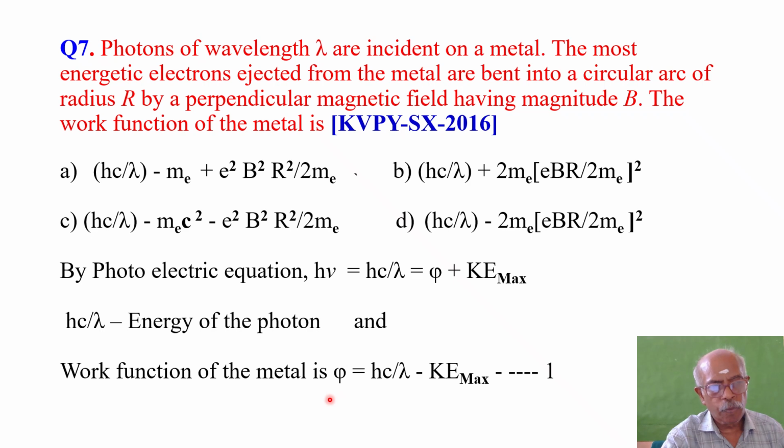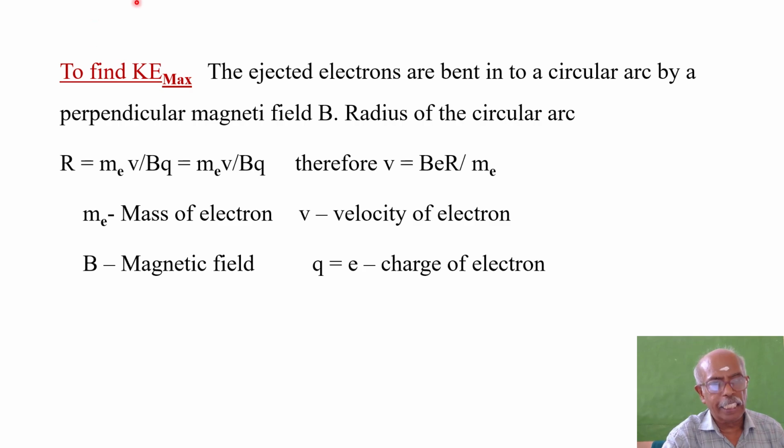Then how to proceed further? To find KE max, the ejected electrons are bent into a circular arc by a perpendicular magnetic field.